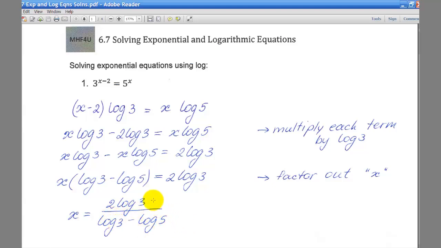All you have to do after this is calculate. So evaluate this, that, and that. Turn these into actual values. If you leave it in this form on the test, I'm going to accept it as long as you got the right logs of the right bases, the right numbers.